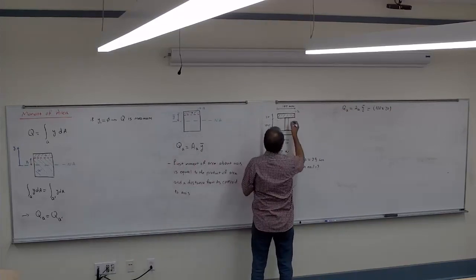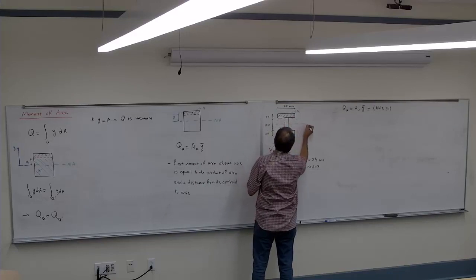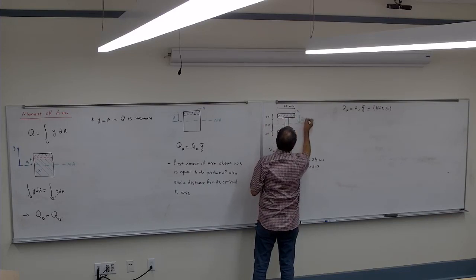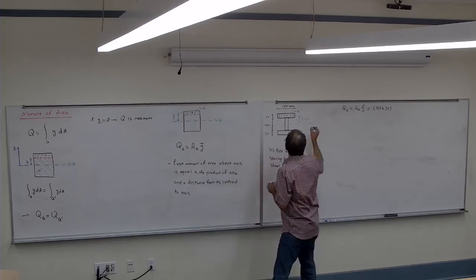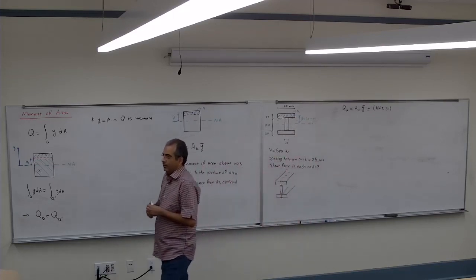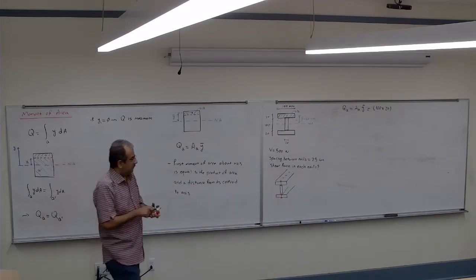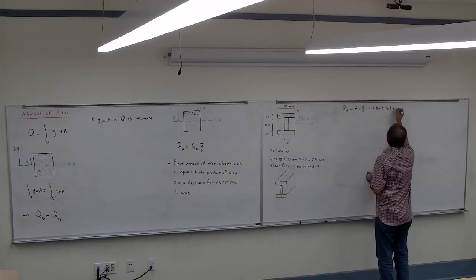The Y bar is from here to the neutral axis, the centroid. That's the Y bar, which is 60 millimeter. Times 60.